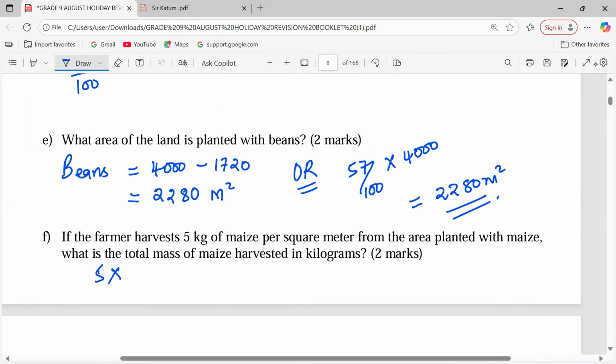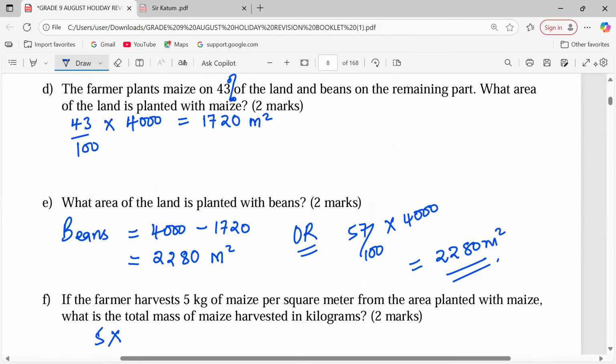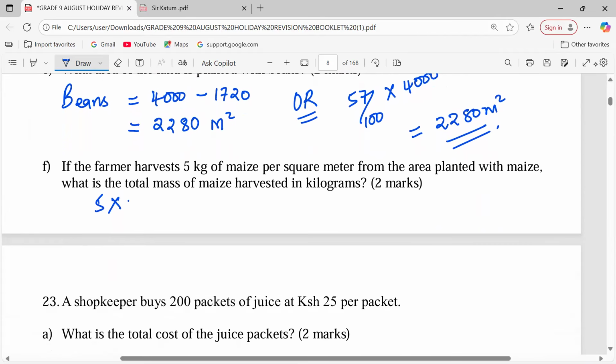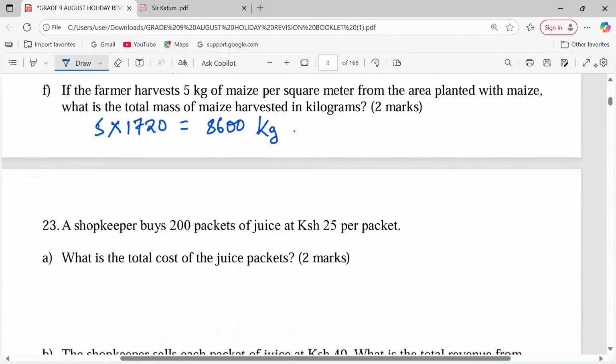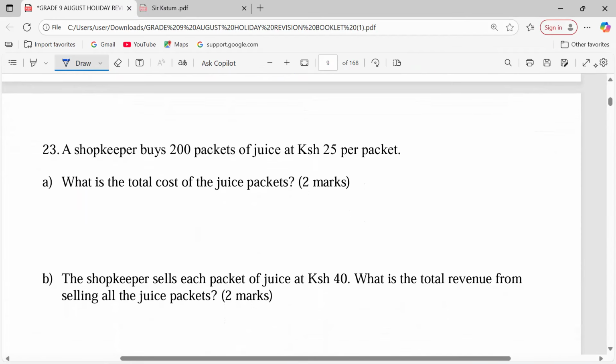Then how many square meters have been planted with maize? 1720. So from each square meter, we have 5 kilograms. So we need 1720 times 5, and this gives us 8600 kilograms of maize. So that is what shall be harvested.